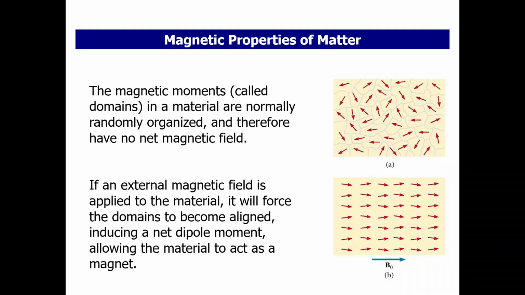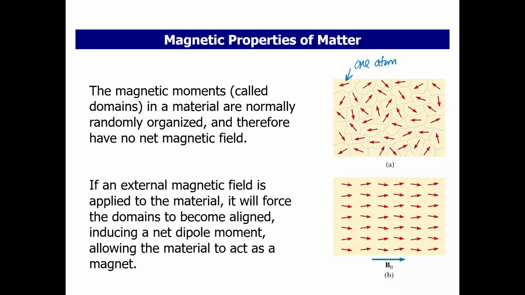When you take into account all of the electron configurations, we can represent what we call a magnetic moment as the net magnetic field of that material. So each of these arrows here is going to represent one atom of a magnetic material. Each atom is going to be vibrating, and it might be in a different orientation.